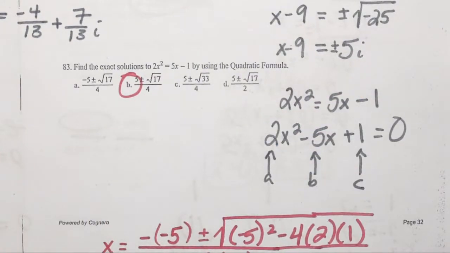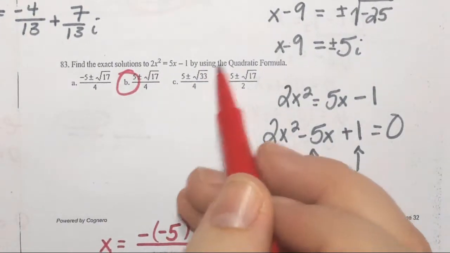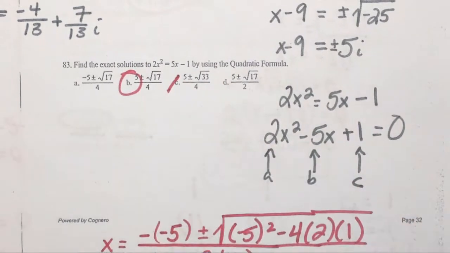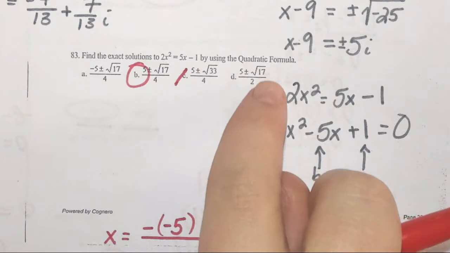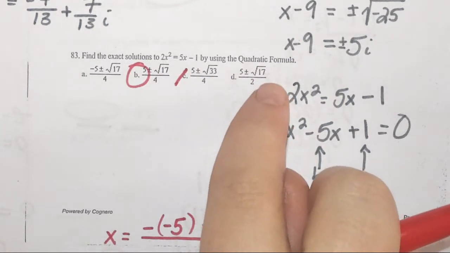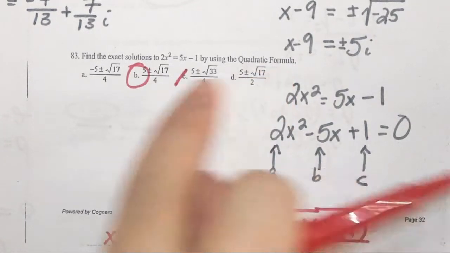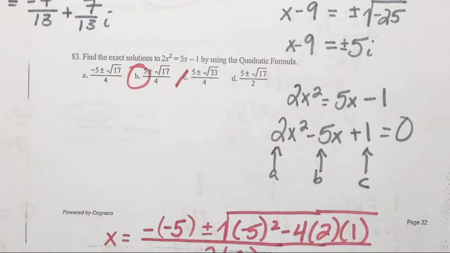So I knew there had to be a 4 in the bottom. And then C is the weirdo one with a 33. Nobody else has a 33. So I'm debating. It's either A or B. And then I look at D and I know it has a 2 in the bottom, but the numerator matches with B, so it had to be B. I'm telling you, I can guess my way into a lot of stuff in life. Not necessarily understand, just guess.